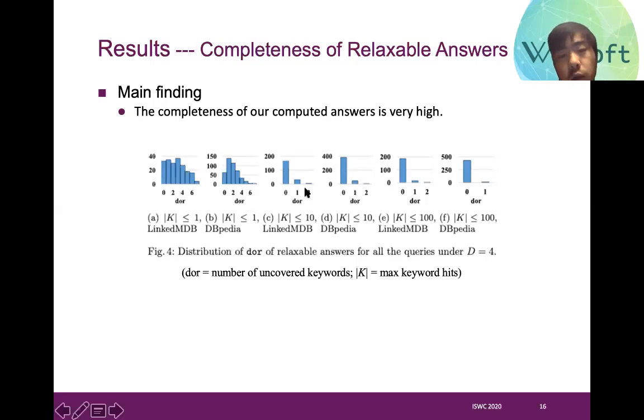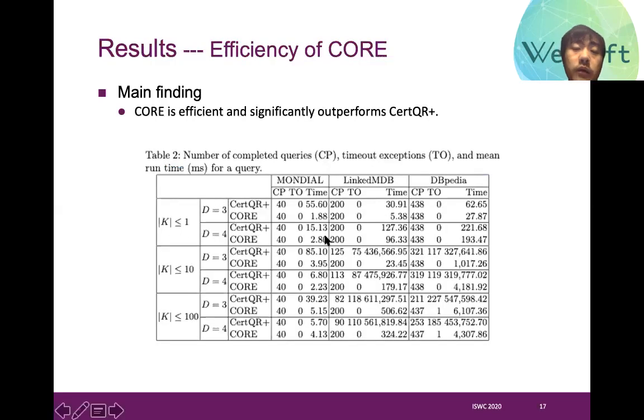Very occasionally, we have to drop 2 keywords. So the completeness is reasonably good. We also compare with baselines, and the results show that our algorithm is very fast, much faster than the baselines. For example, on DBpedia, we use only 4 or 6 seconds to process a query on average.